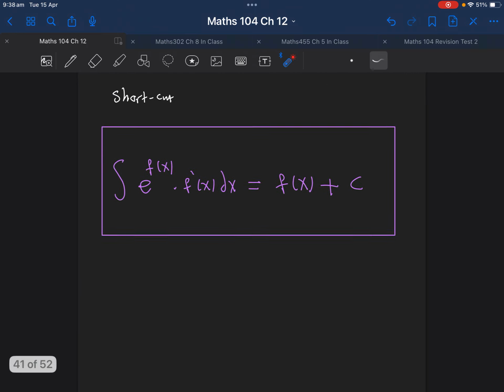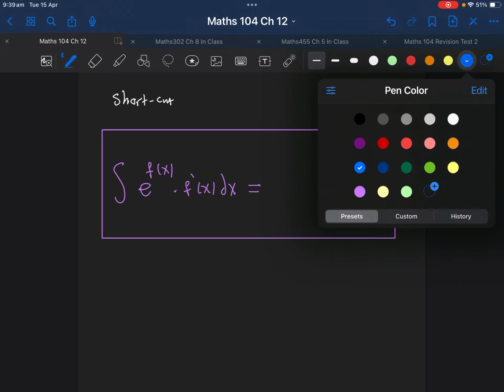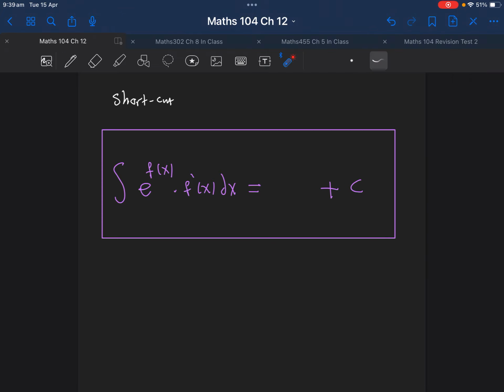Now, where have we reached. Sometimes we can use the substitution rule in order to find the integral of the exponential. Now, if you have a function and its derivative here, this is a perfect situation where you use the substitution method.